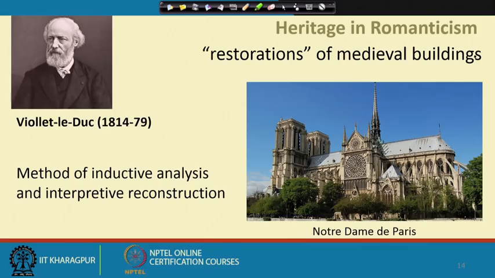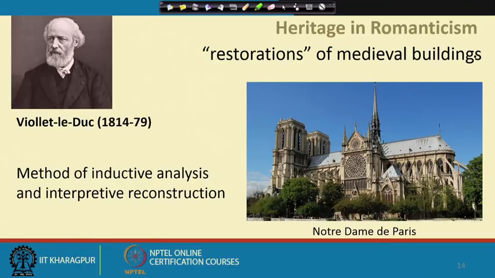He is well known for the restoration of a lot of projects. The most famous of these is Notre Dame in Paris. While he was working for the government as a restorer, he was given these prestigious projects. What he did is an analysis which is called inductive analysis and interpretive restoration. While doing Notre Dame Paris, it was properly documented, the documentation and understanding were very necessary.